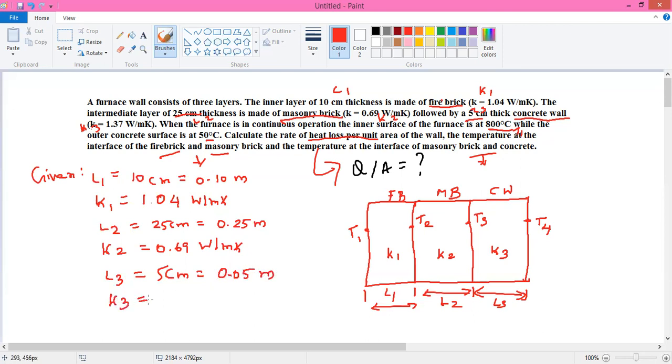Again, write the thermal conductivity for the concrete wall. The thermal conductivity of concrete is 1.37 watt per meter Kelvin. Okay, so the temperatures T1 and T4 are given.